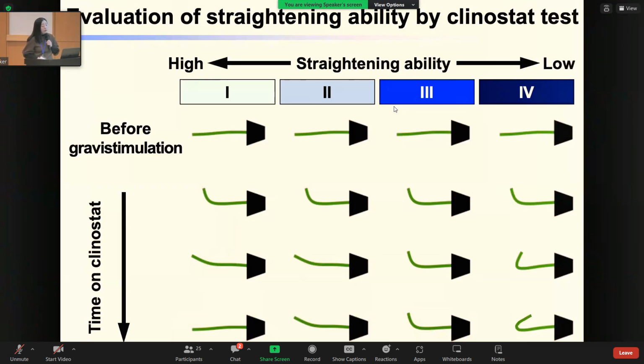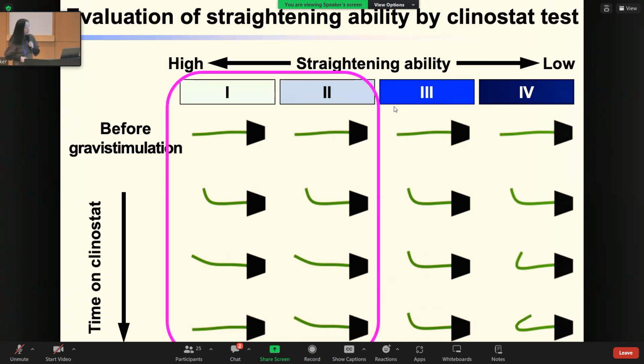In this slide, I will show you movement patterns of inflorescence stems on a clinostat. Patterns 1 and 2 indicate straightening behavior typically observed in wild-type stems, in which the bent shape gradually straightens during clino rotation, and in some cases becomes completely straight.